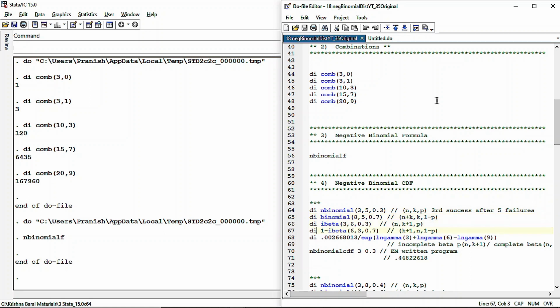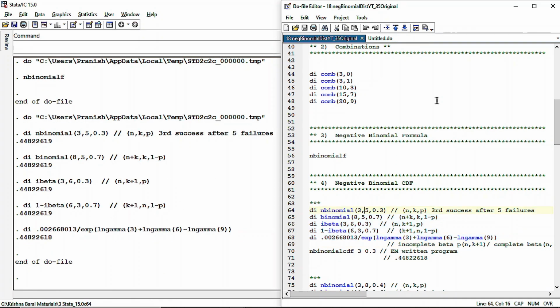The fourth one is the relationship of the incomplete beta function, the identity. And the fifth one uses the integration of the incomplete beta function, divided by the complete beta function. We have calculated this integration with the help of the quadrature function of Mata. So let us see this, and all of them should have the same value.